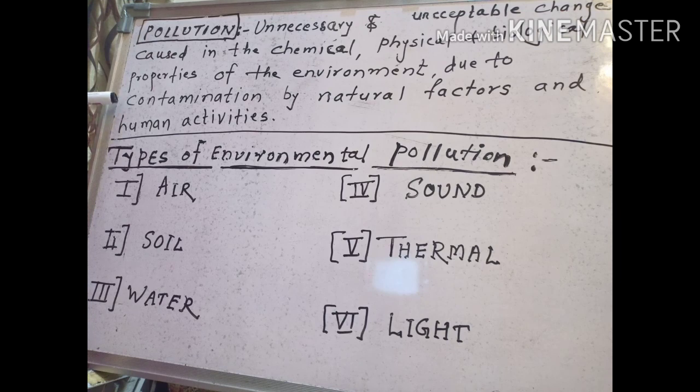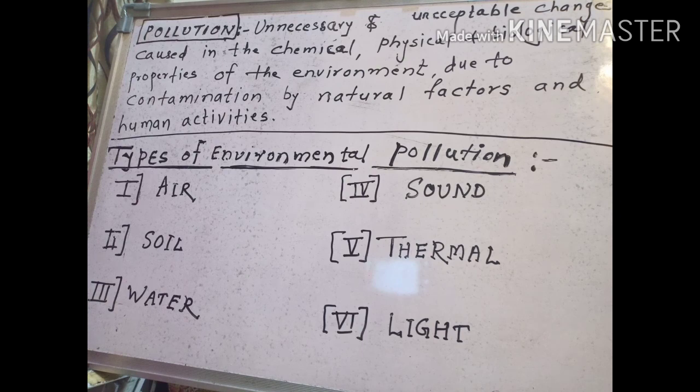Contamination means making impure, right? So any unnecessary or unacceptable change that takes place in the chemical, physical or biological properties of the environment due to contamination by natural factors and human activities can be termed as pollution.